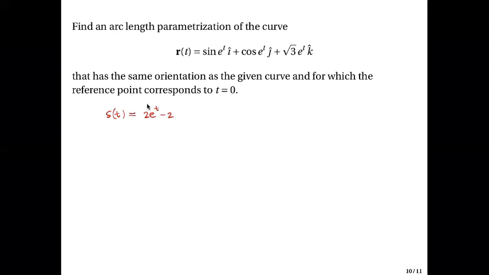But instead of solving for t, I'll just solve for e to the t because anyway, we have here e to the t, e to the t, and e to the t. So we will have 2 e to the t equals s plus 2, or e to the t is equal to s plus 2 over 2.